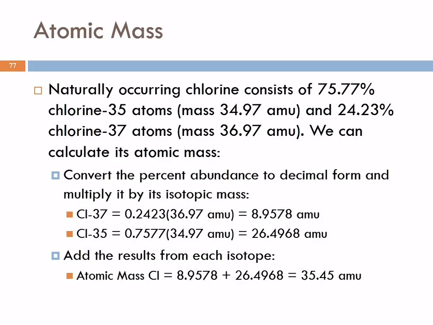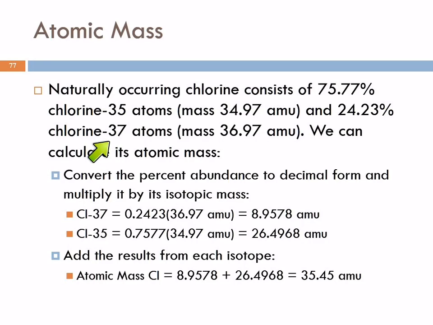Chlorine has two naturally occurring isotopes, chlorine-35. That's going to have a mass number of 35, and chlorine-37. Now, the actual mass of a chlorine-35 atom is 34.97 atomic mass units. It is not exactly the same as the mass number, but it's really close.